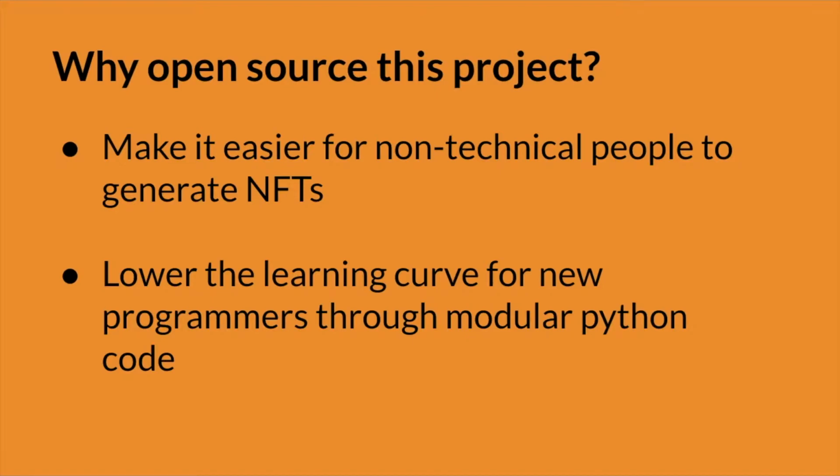You can focus on parts of the code, try to understand what it does, and then see how it connects to the next part, rather than being overwhelmed by hundreds and hundreds of lines of code in the same file. I also wrote it in Python, which is one of the easiest languages for a new programmer to learn, so that should make it easier to read through the code.